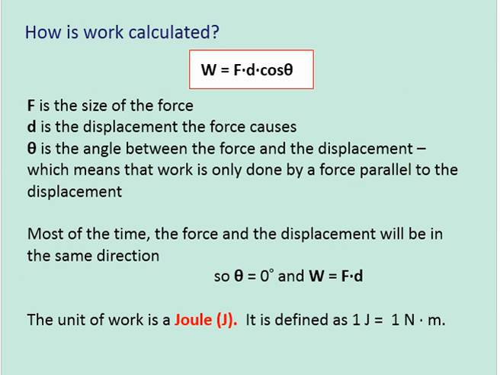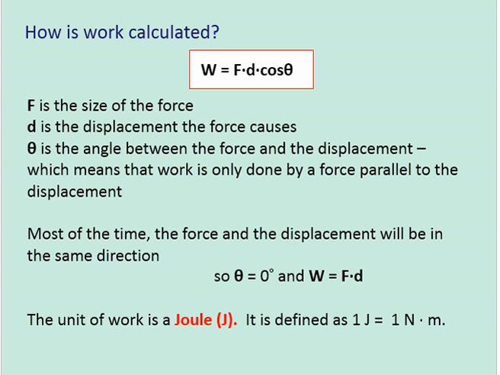So how do we calculate work? Work is represented by an uppercase W as its variable letter. And in order to determine how much work is done on an object, we multiply the size of the force by the displacement the force causes. And then sometimes we're going to multiply that by the cosine of the angle that's between the force and the displacement.